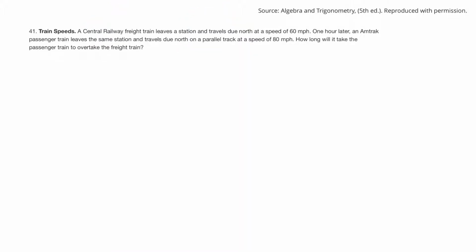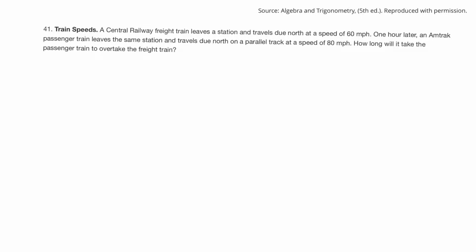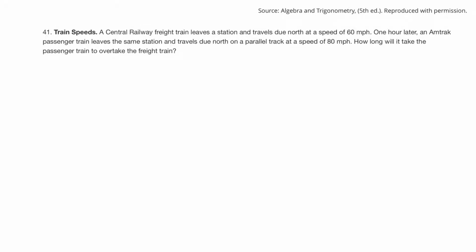Okay, another question. So it's a linear equation again, but it is a worded one. So I've got a freight train that leaves a station, goes north, and goes at 60 miles an hour. And then an hour later, an Amtrak passenger train goes the same direction, but it's going faster.